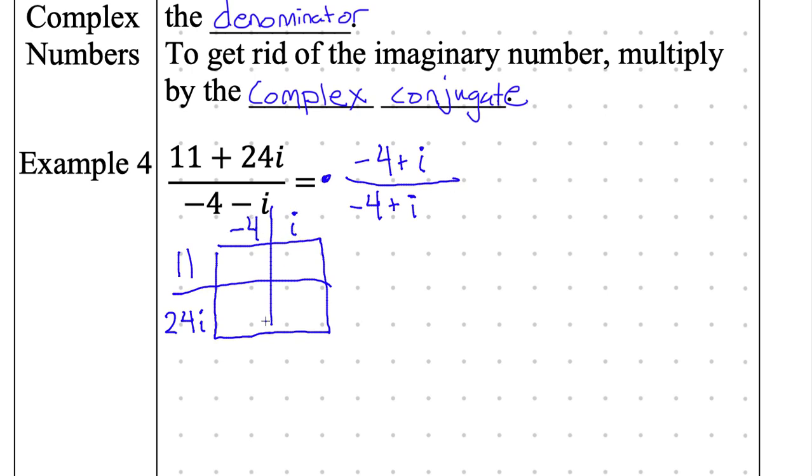All right, everyone can get XP because we're all going to shout them out unless Eva does it all again. So 11 times negative 4 is? Negative 44. Perfect. 11 times i is? 11i. 24i times negative 4, it's a little bit harder. You got this.